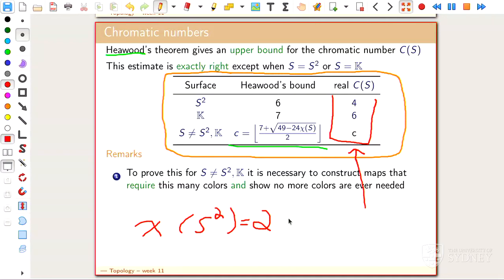So 2 times 24 is 48. 49 minus 48 is 1. Okay? Square root of 1 is 1, I hope. 7 plus 1 is 8. And then 8 over 2 is 4. So Heawood formula actually gives you the correct result.